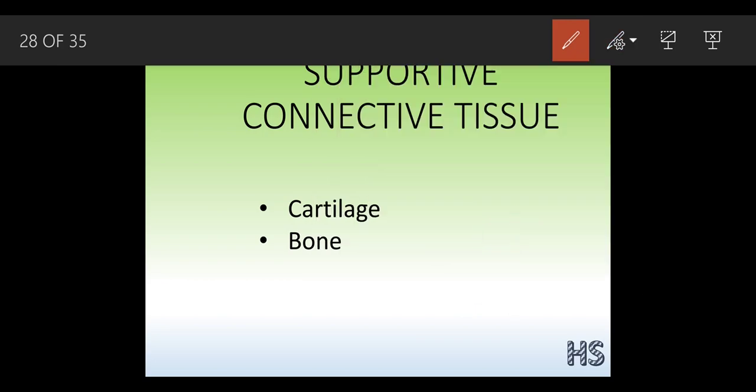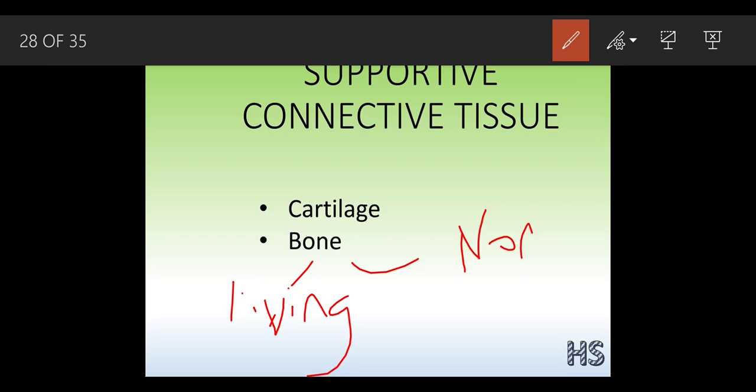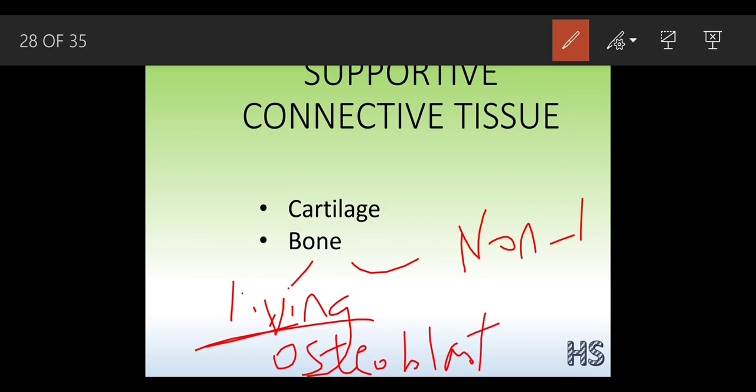Bone is made up of both living cells and a non-living part. The living cells are called osteoblasts. And what is the non-living matter?